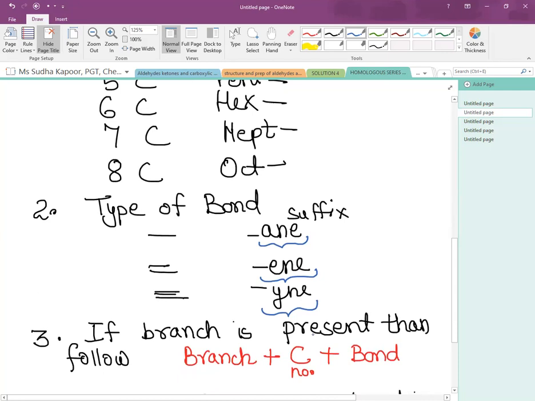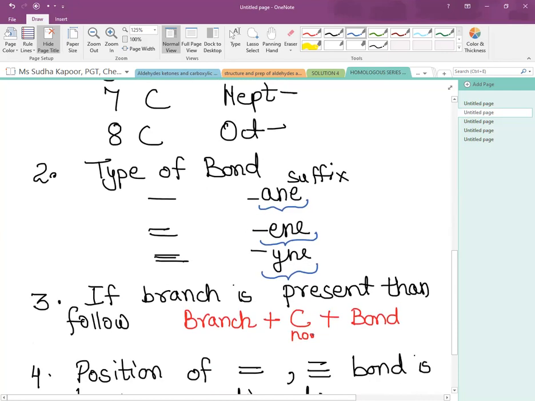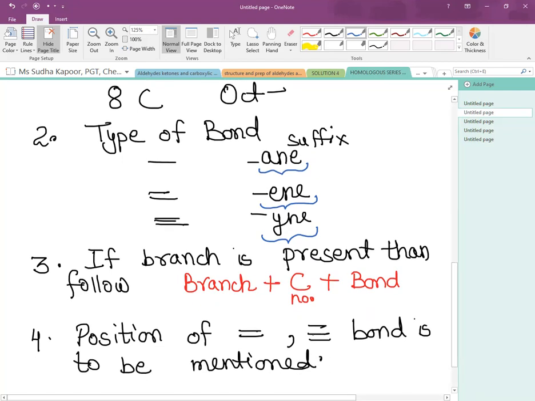But if a branch is also present, that is, other than the straight chain, if carbons are also present in the form of a branch, then we will first give the name of the branch, then the number of the carbon, prop, but, pent, and then the type of the bond, ane, ene, and yne.